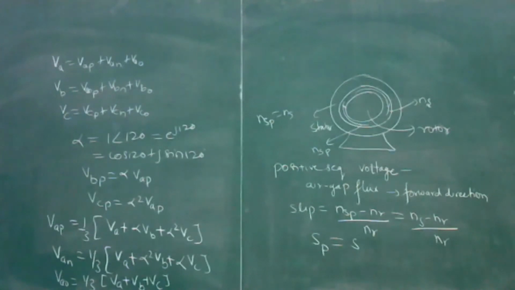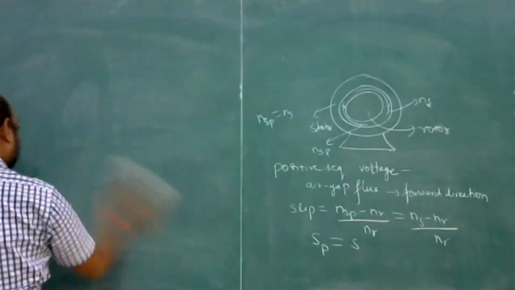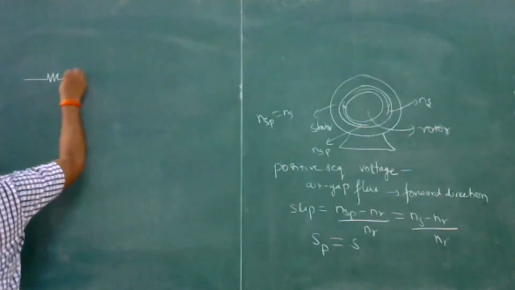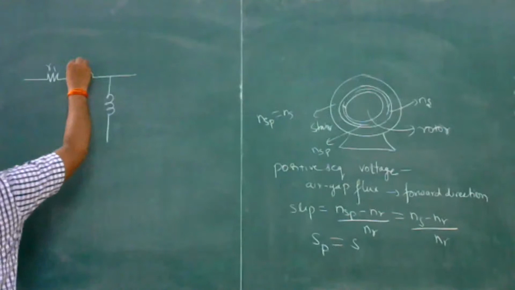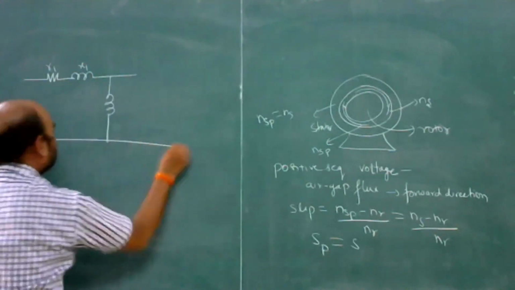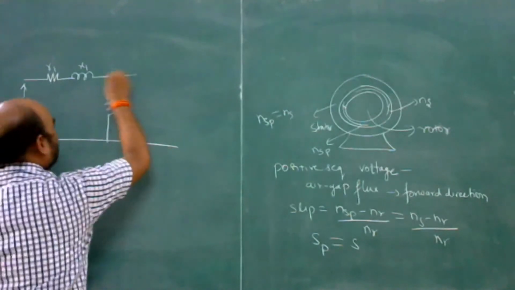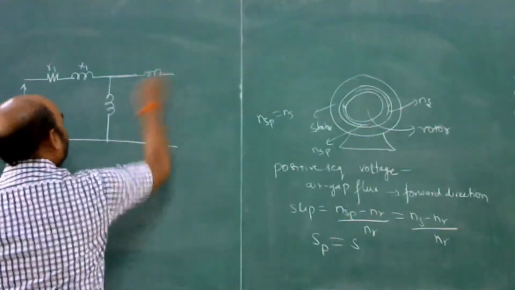And if we draw the equivalent circuit diagram, this will be the same as the three-phase induction motor circuit. So this is R1, this is X1. Suppose this is the positive sequence voltage VP, and then R2 dash, X2 dash, and this is Xm.